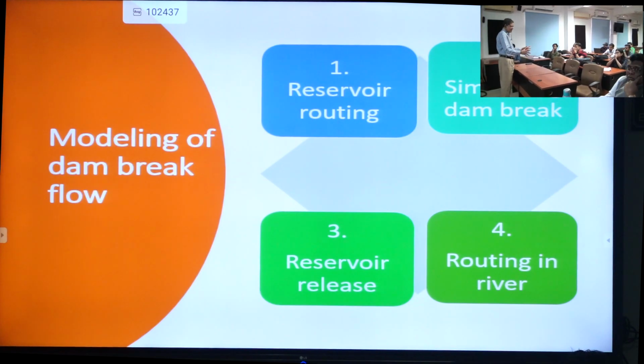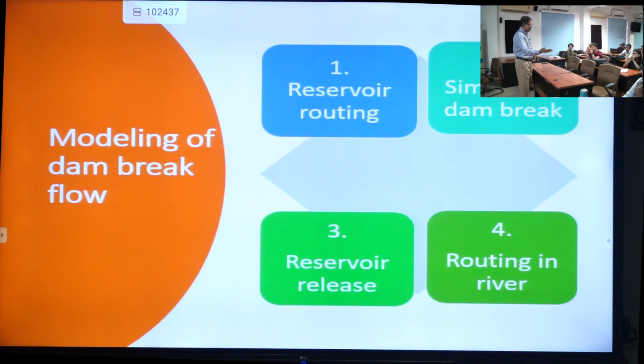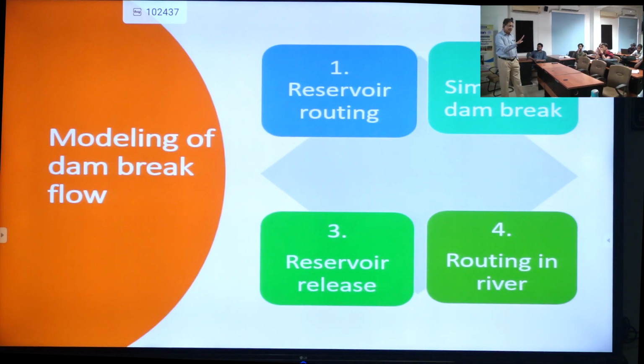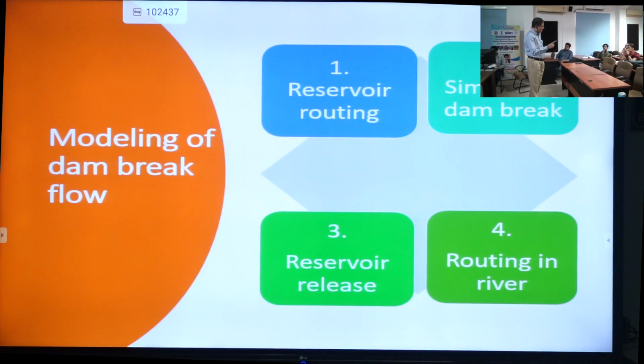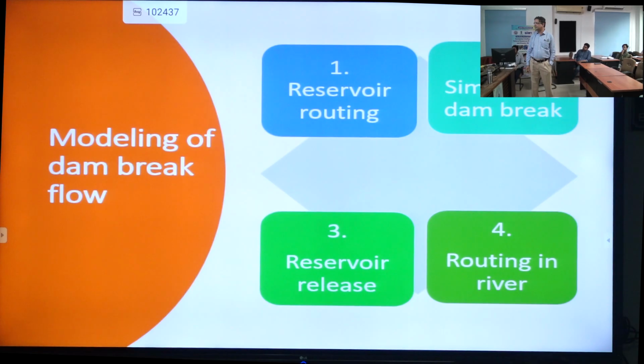Number three is release from the reservoir, meaning if there is a breach, and the reservoir water is at some level, how this reservoir water will be released to the other side. And the fourth and the most important one is the flood routing in the downstream channel. So these four sequential steps constitute the dam break flow analysis.